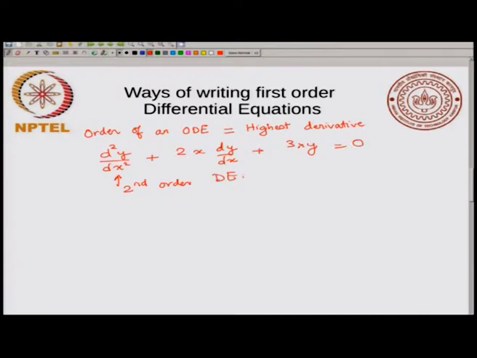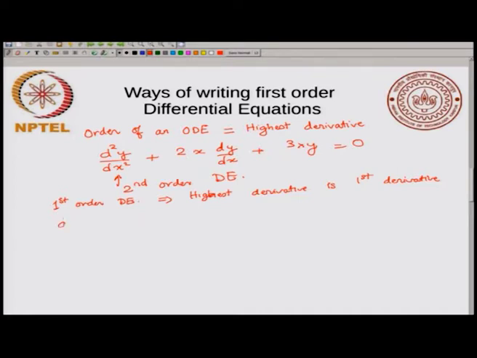Okay. So, a first order differential equation implies the highest derivative is the first derivative. So, what are the ways in which you can write a first order differential equation?